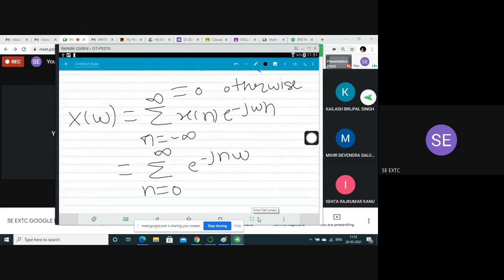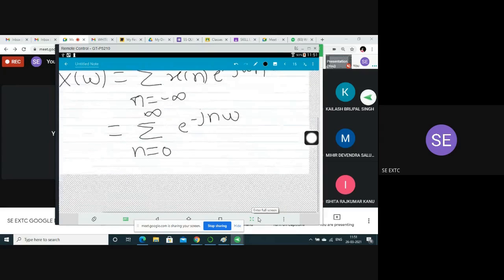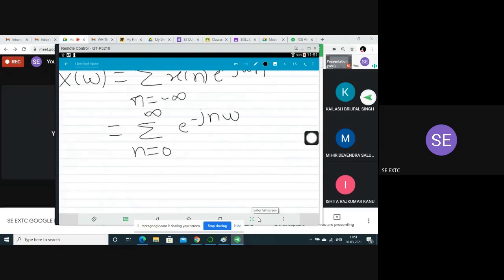Now we have to put values of n. So we are starting from e to the power 0 plus e to the power minus j omega, you will get this. So this will be your equation number 1, the Fourier transform formula.